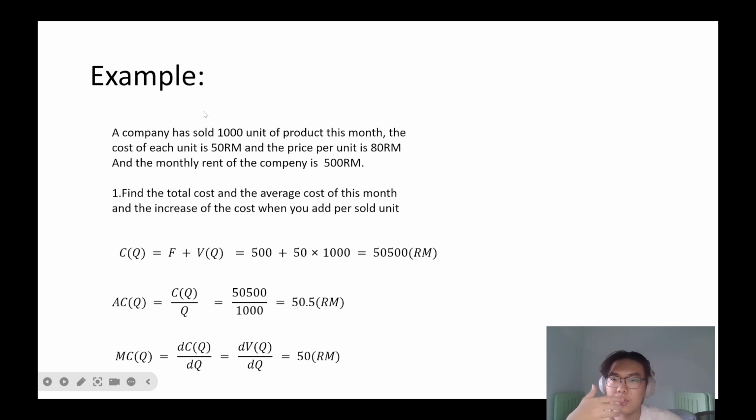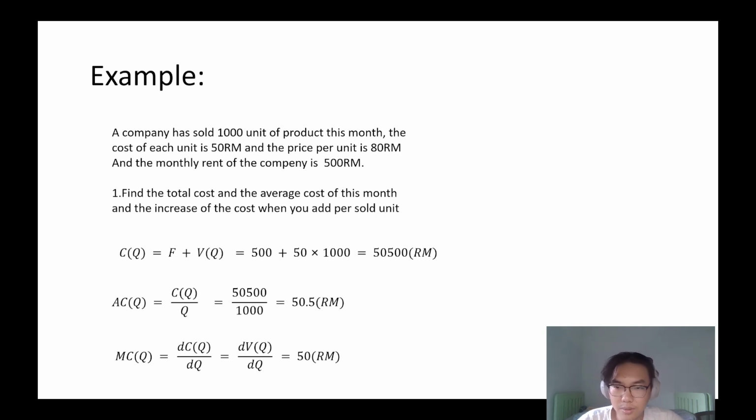Let's get to an example. A company has sold 1,000 units of product this month, and the cost of each unit is 50 ringgit, and the price per unit is 80 ringgit, and the monthly rent of the company is 500 ringgit.